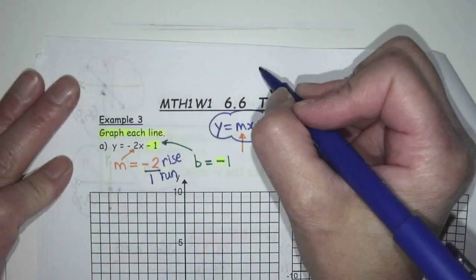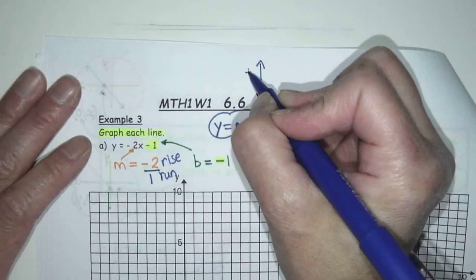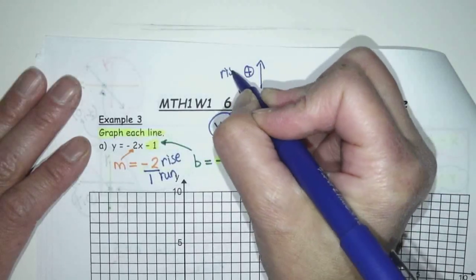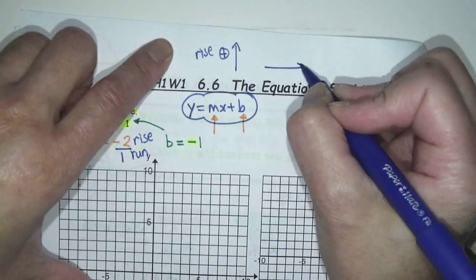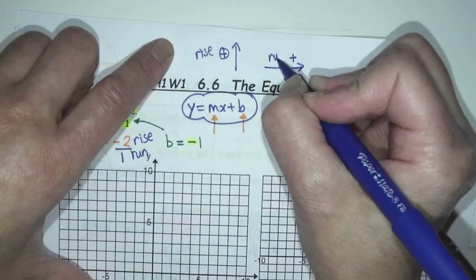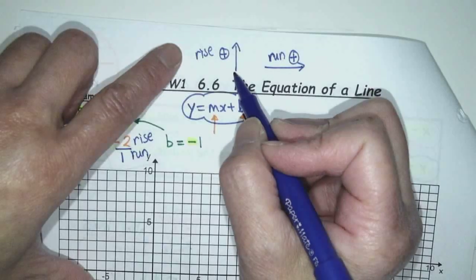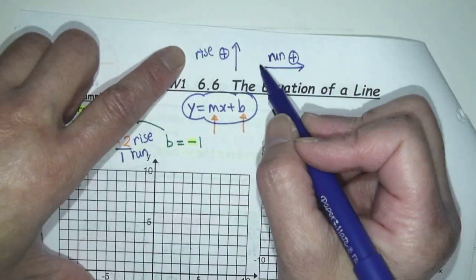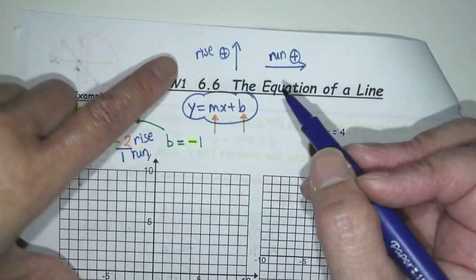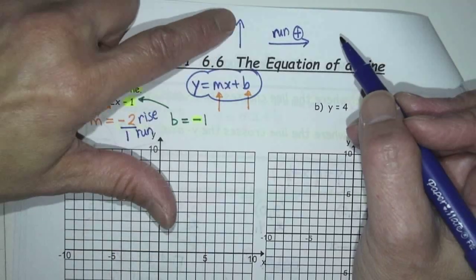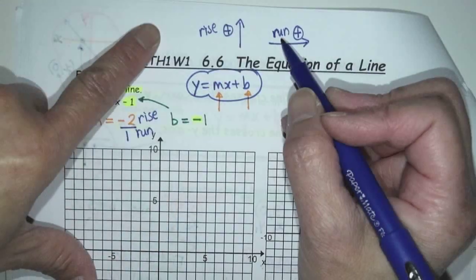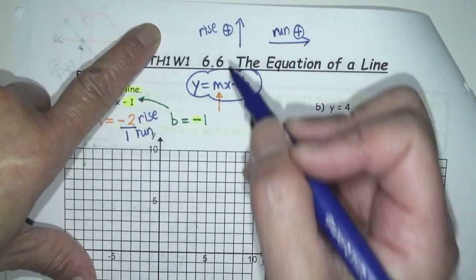So when you're talking about rise and run, rise positive would be up, run positive would be to the right. If I say that the rise is negative, it would be the opposite, it would be heading down. If the run is negative, it's opposite, it's heading left.